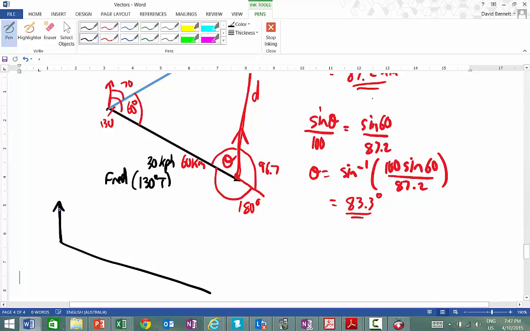So we know that this angle around here going from there is 130 degrees. We're drawing our north line there, and then this is our line possibly going to Sally. So we know that this angle here is going to be 83.3 degrees.